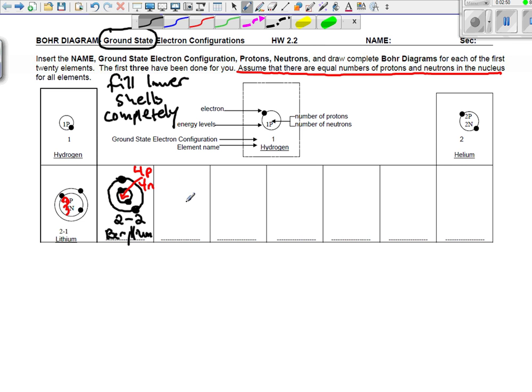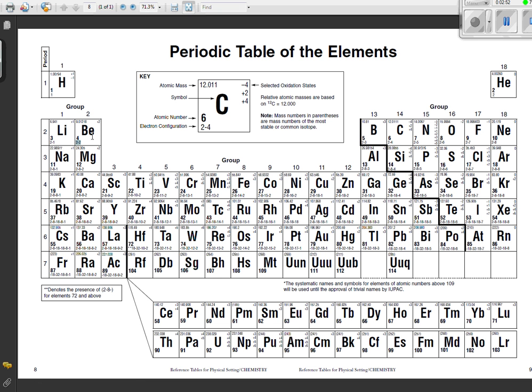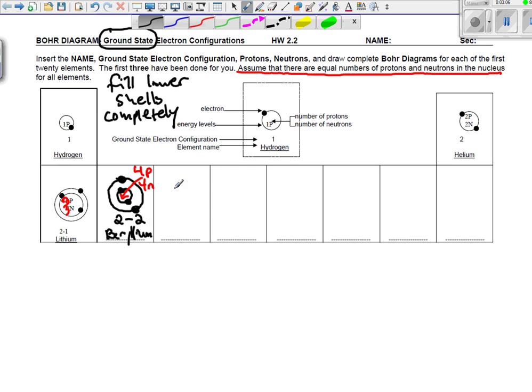The next element over, and we're going to skip some space, beryllium, all the way over to boron. That's atomic number 5. So there's 5 protons, 5 neutrons. And here's the electron configuration, 2-3. So let's do that. Let's do 5.